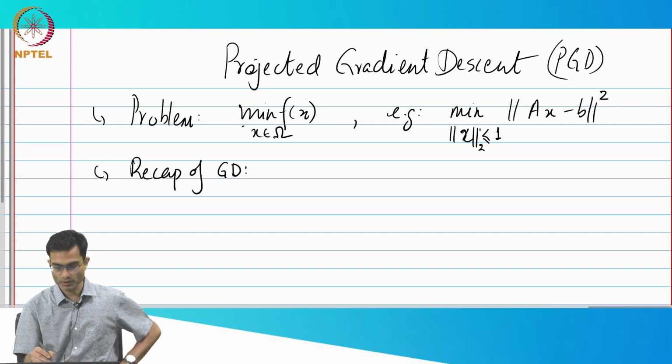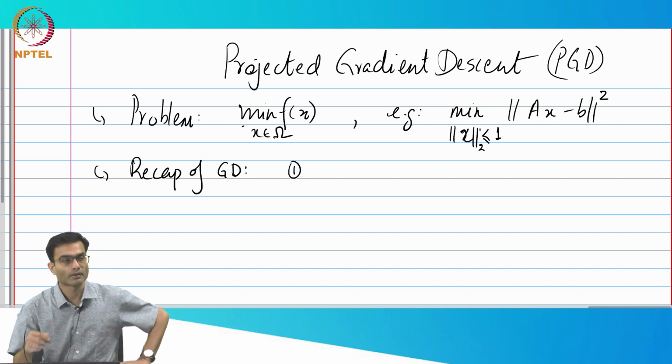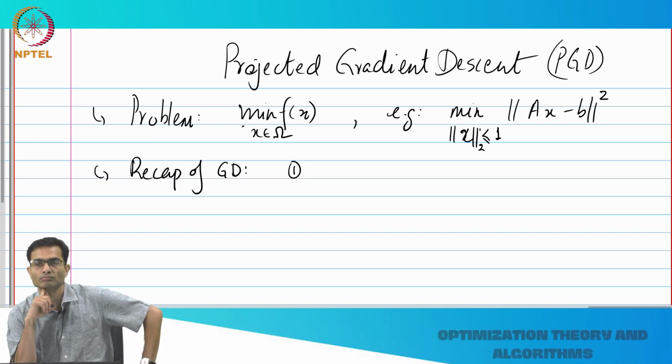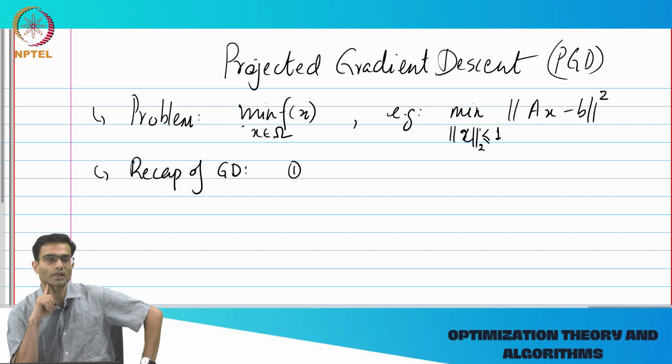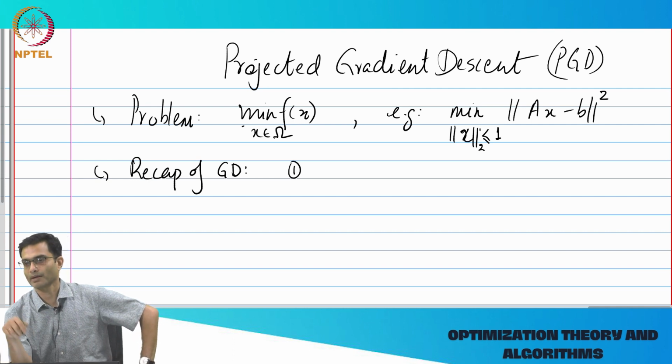Recap of gradient descent. What is the first thing that we did in gradient descent? Pick a random starting point or use some intuition to arrive at a good point, right?